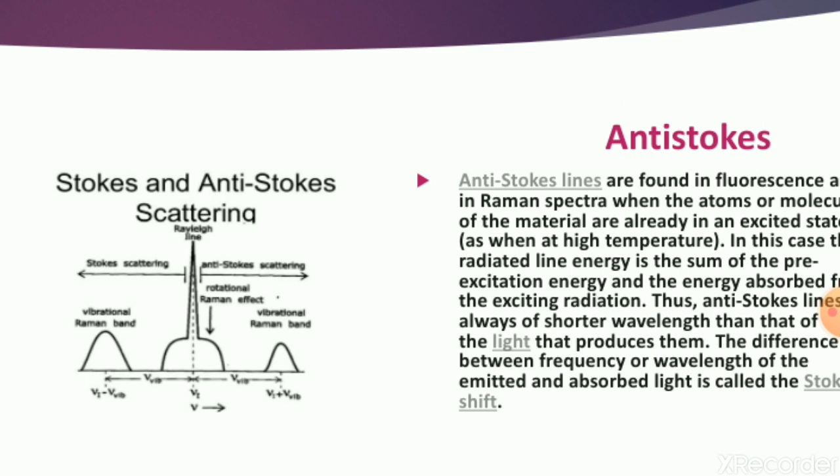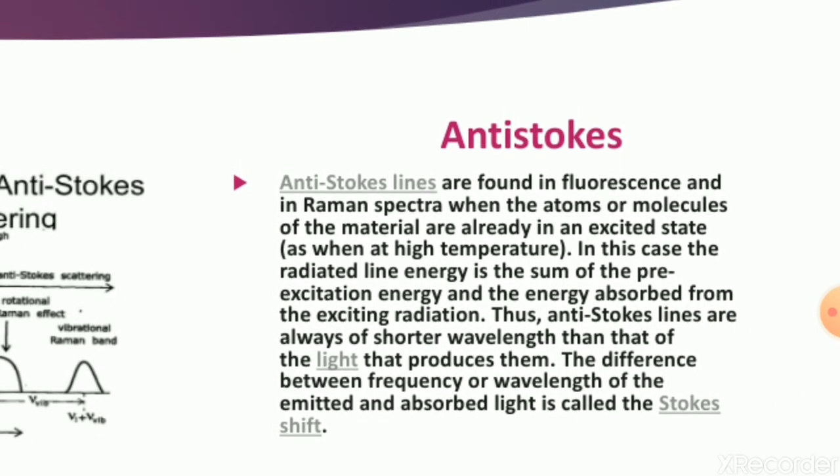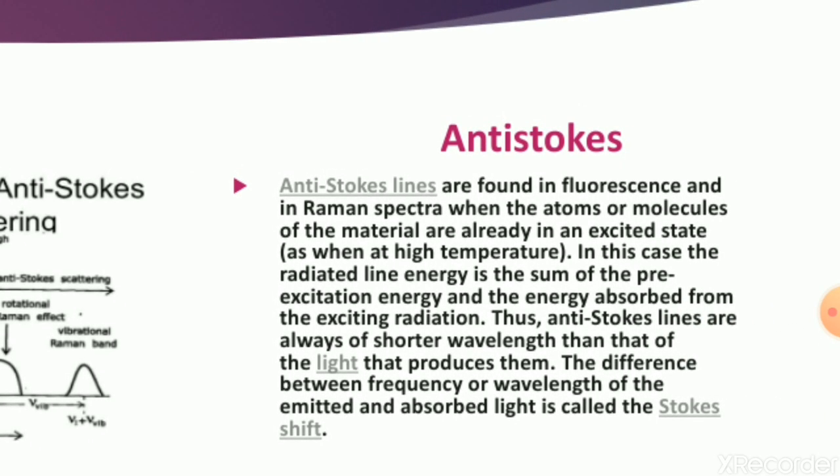A common example is a pigment absorbing in the infrared and emitting in the visible region of the spectrum. It is most commonly observed in the Raman spectrometer, where it is used to determine the temperature of the material.